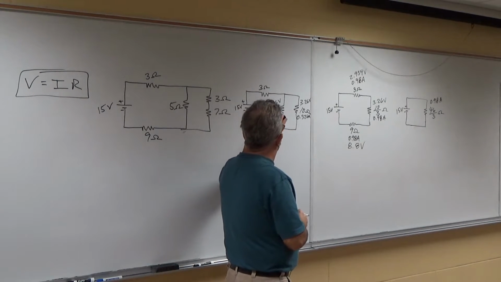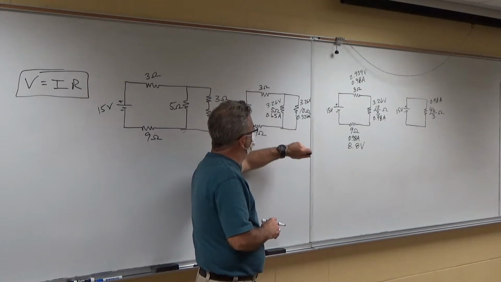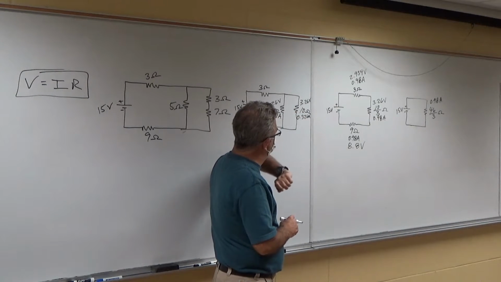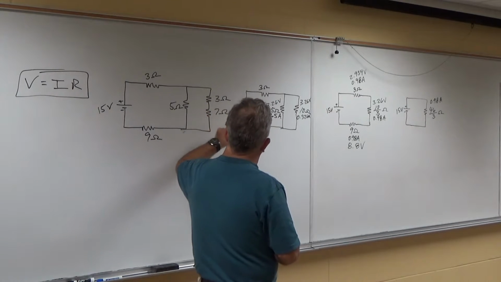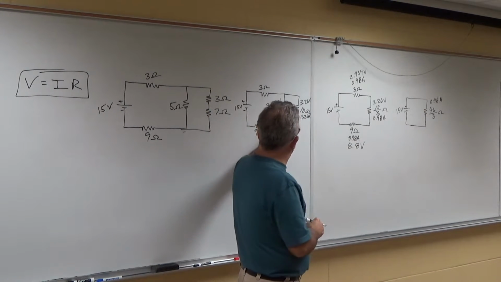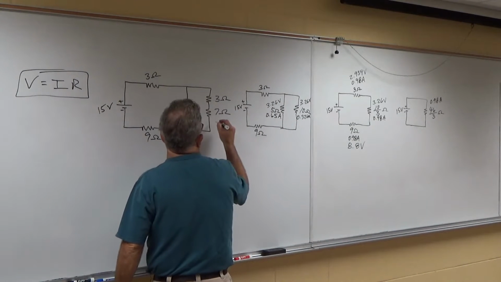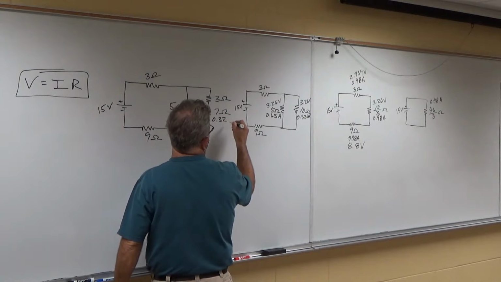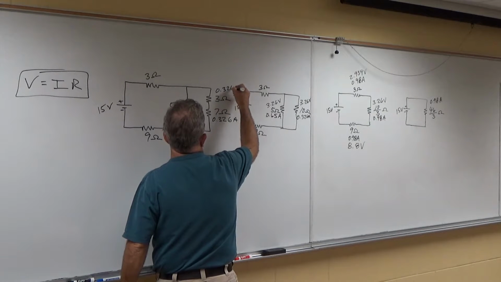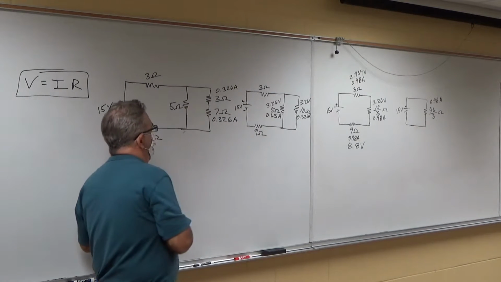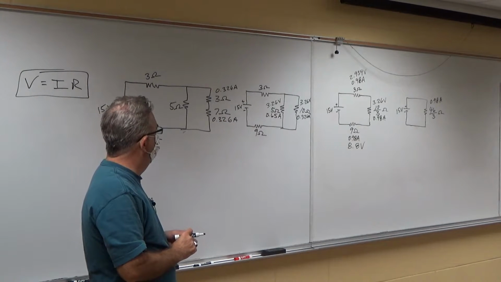This is finished. I know the voltage, I know the current. However, this came from a series connection, a 3 and a 7. So these must have equal current. They must both have this current, 0.326 amps. And I can figure out the voltage on each one of these.